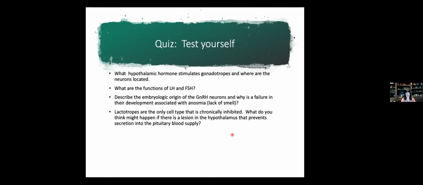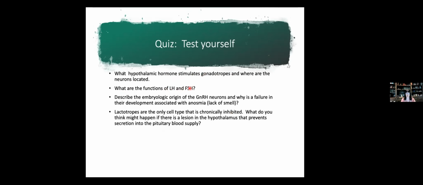So basically, test yourself. What hypothalamic hormone stimulates gonadotropes? That's easy, gonadotropin releasing hormone. Where are they located? Well, in various places all along the anterior hypothalamus and even up to the arcuate nucleus. What are the functions of LH and FSH? Well, LH stimulates testosterone production in the testis and ovulation in the ovary.